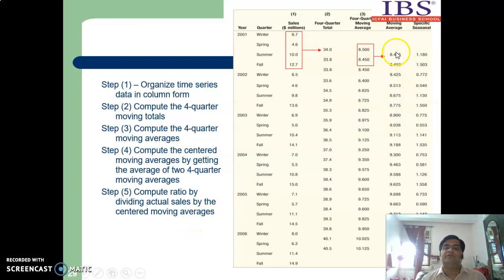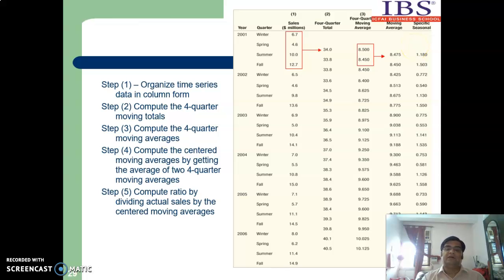So if we divide the actual sales by this moving average, we will get the specific seasonal index, which in 2001 is 1.18. So we have got an index for the quarter of summer, it is 1.18.